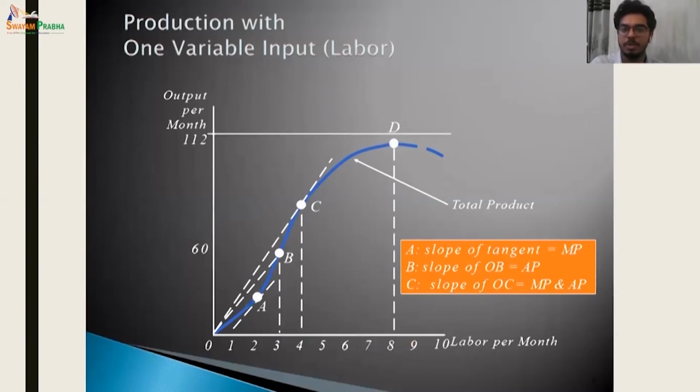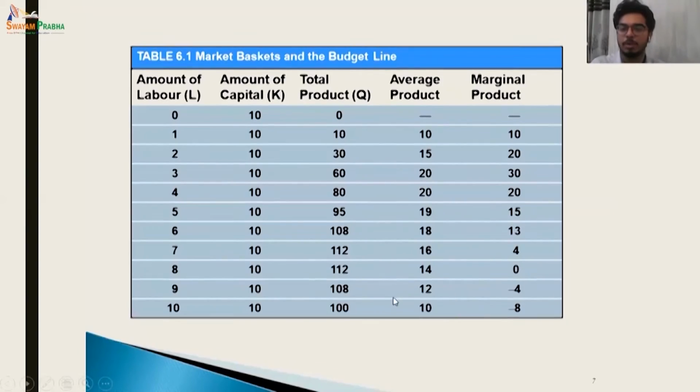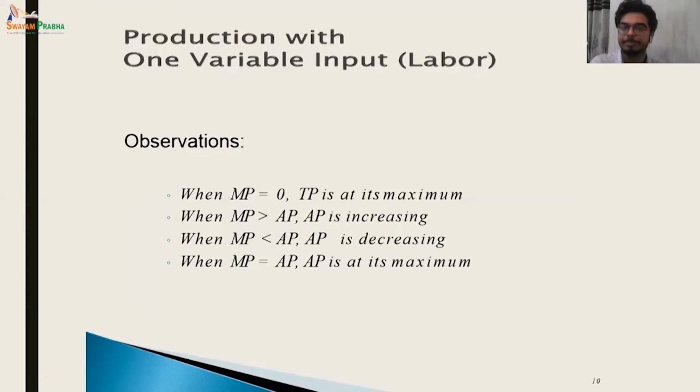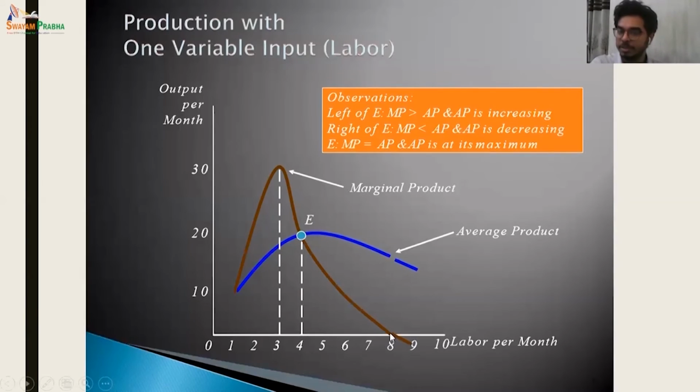Numerically, total product is at its maximum at point 8 with 8 labor, with 112 output, and the marginal product is 0.